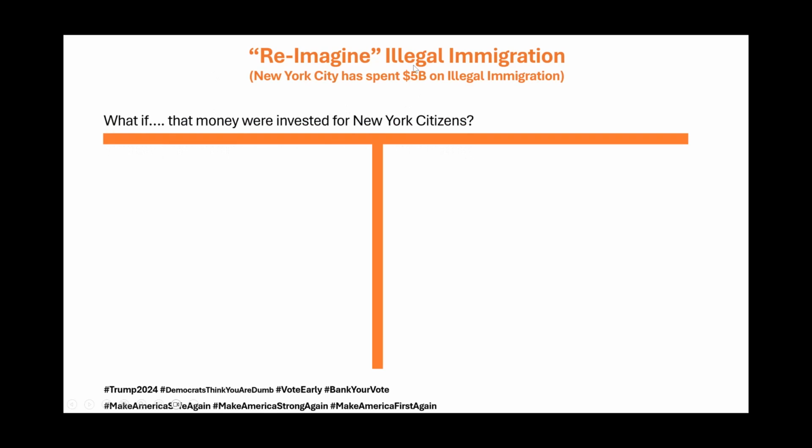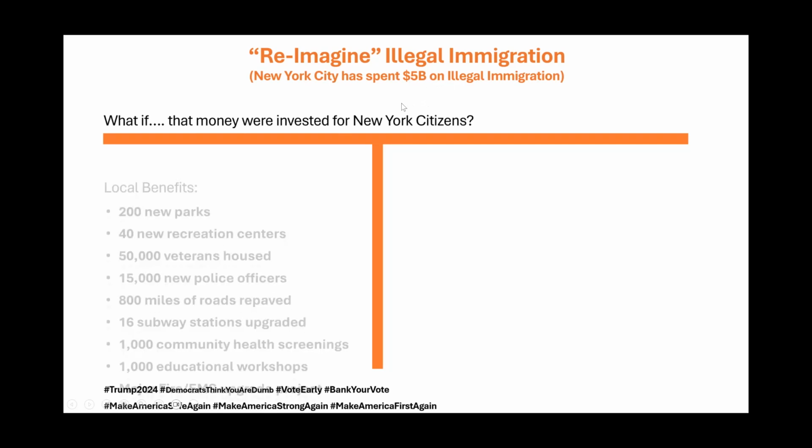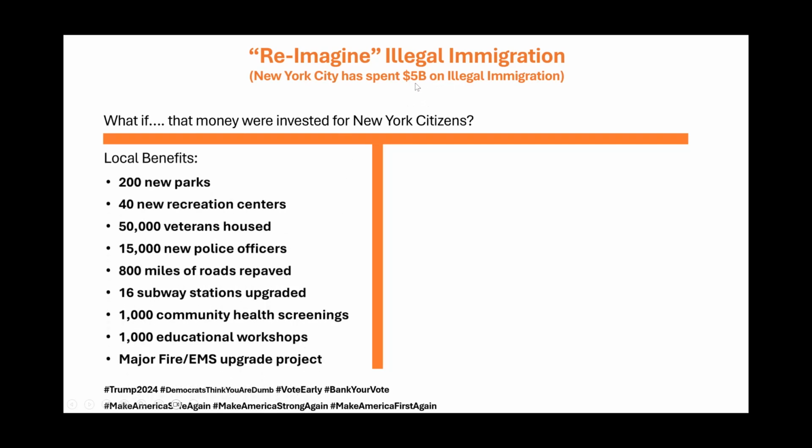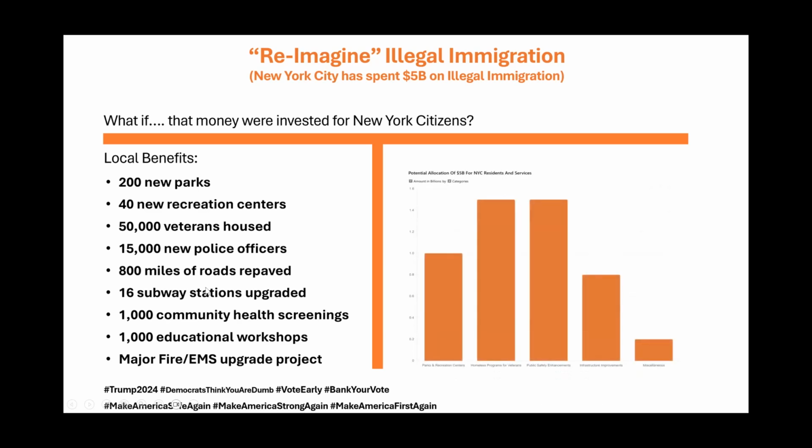Not illegal, not people coming and cheating the system or jumping the line or cutting the line in front of you. We're not saying illegals are bad. We're looking at policy for you as a citizen in New York, the individual impact. That $5 billion could have been redirected to local benefits: 200 parks, 40 recreation centers, 15,000 police officers, community services, roads upgraded.